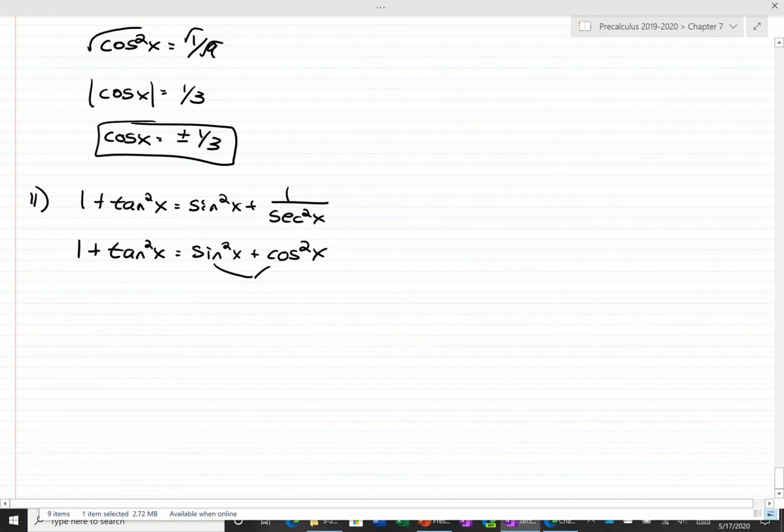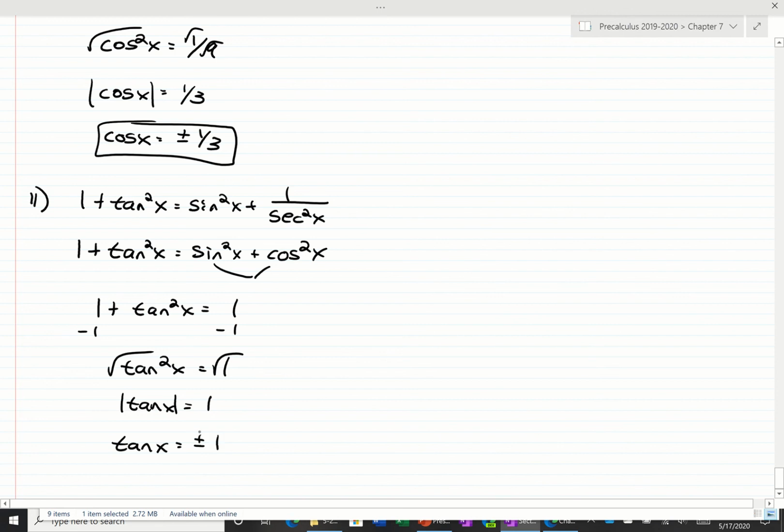Sine squared plus cosine squared is just 1. We could subtract 1 on both sides, and we just get tangent squared is equal to 1, where the absolute value of tangent is equal to 1. So tangent would be plus or minus 1.